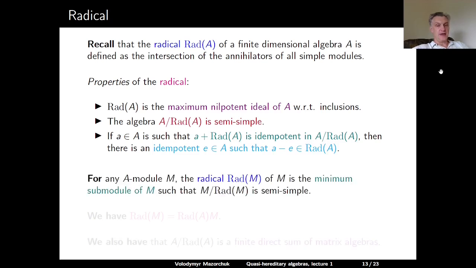For any A-module M, the radical of M is defined as the minimum submodule of M, such that the quotient of M modulo the radical is a semi-simple module.